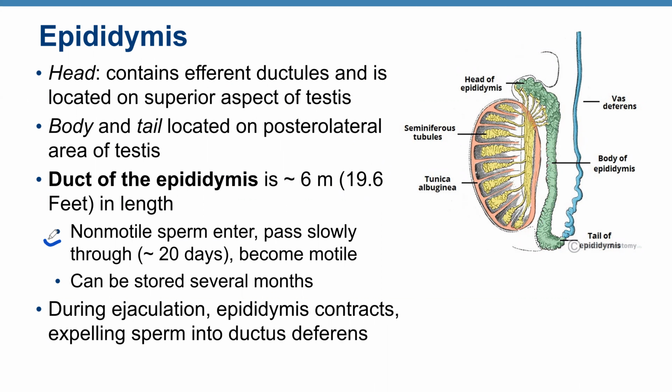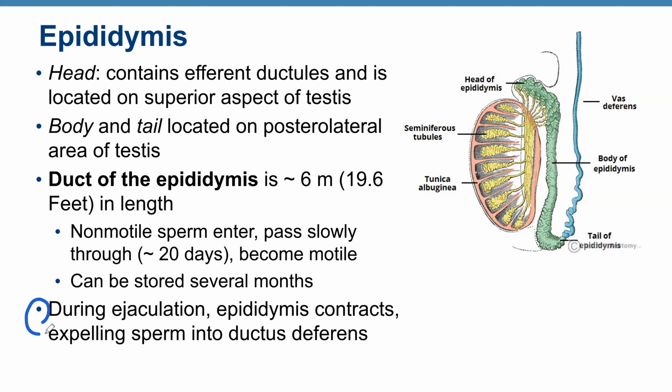Now, non-motile sperm. Remember where sperm is formed, inside the seminiferous tubules. But this sperm cannot swim yet. It's non-motile. So it enters the epididymis, passes slowly through it, and becomes motile. It takes about 20 days for sperm to travel through the epididymis, and it can also be stored inside the epididymis for several months.